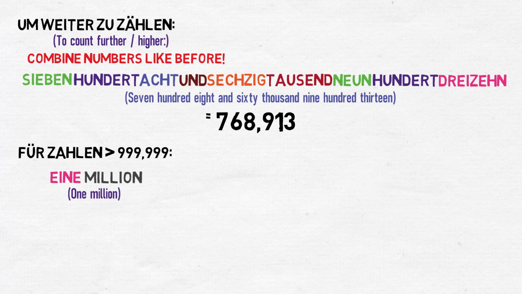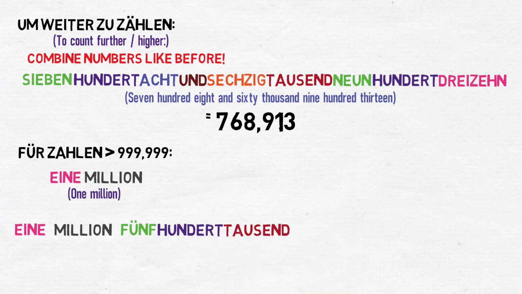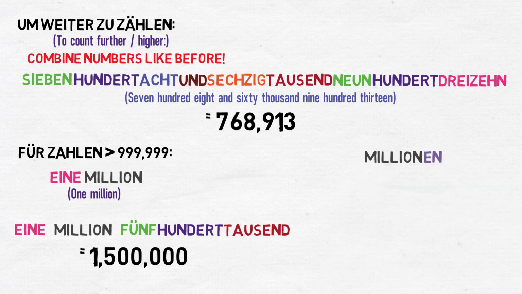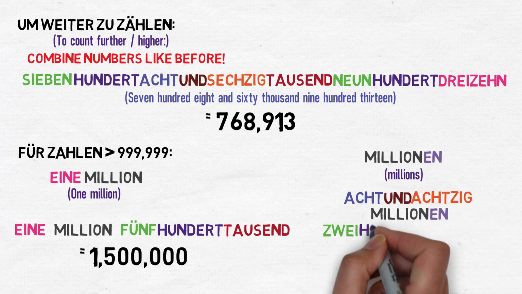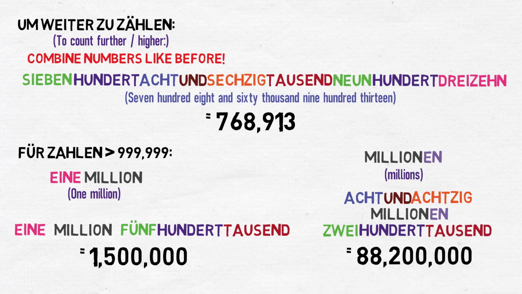For example, 1.500.000, 1,500,000. For more than 1 million, use the plural form Millionen. For example, 88,200,000.